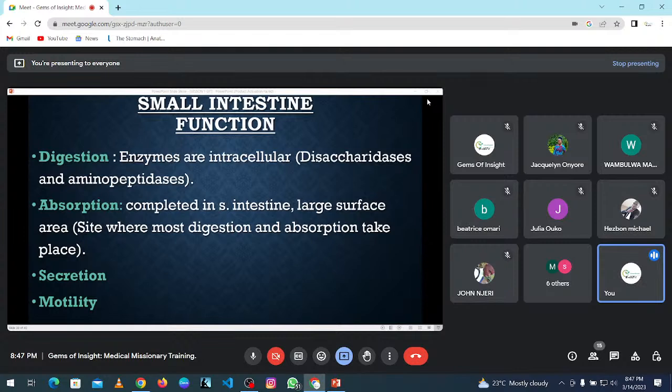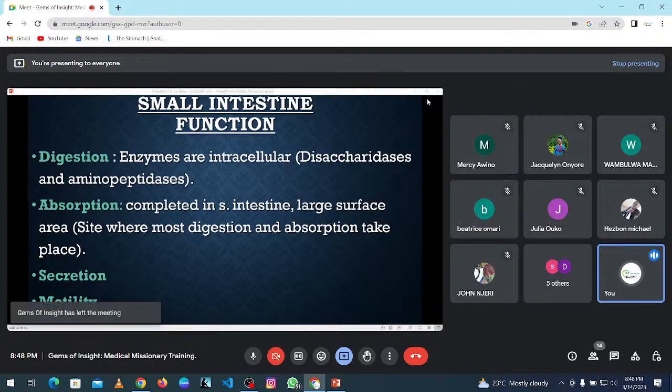But in the esophagus, motility is the main function. Motility is the movement of food. In the mouth, yes, there is a little absorption that takes place. There are secretions, there are digestions that take place in the mouth. In the stomach, there's a little absorption taking place. There's a lot of digestion. There's a lot of secretion. So it's the same with the small intestine.